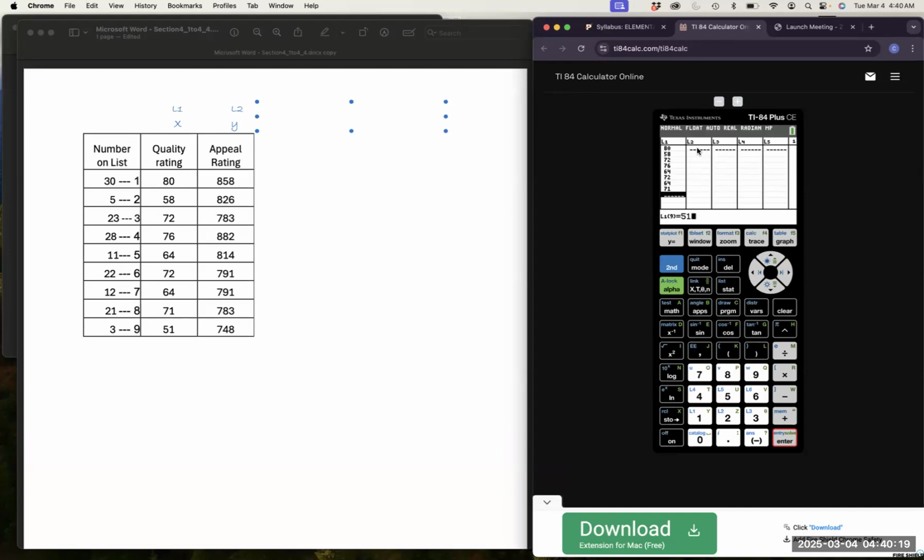You might notice that I numbered my data, and it's a good practice to number data just so that you know that you don't get offline. So I have 9 pieces of data, and number 9 was last. And we want to enter our list 2. Let me enter that.